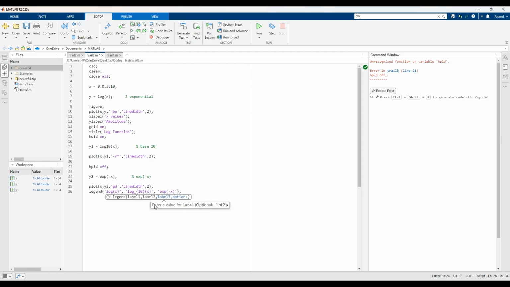Exponential minus x, okay, and then hold off, because the program is done. So it is a very basic program that I am explaining here. I have started from basic things. I will go to the next level, from the basics to the top. I have written only basic programming, for basic understanding for others.